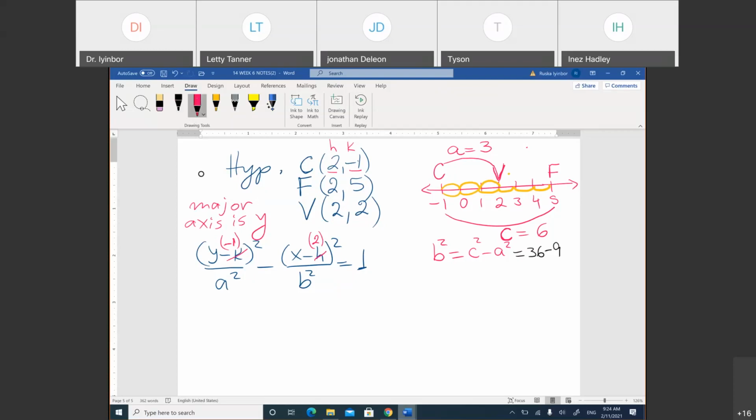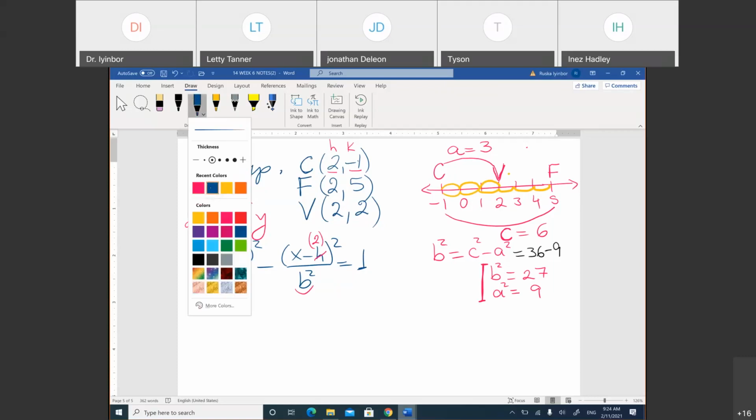So let's write it. B squared is 27. And what is A squared? 9. Always write down A squared and B squared, that's right. Because sometimes you get confused with C, and instead of A, you put C. So write down what is A, what is B, okay?